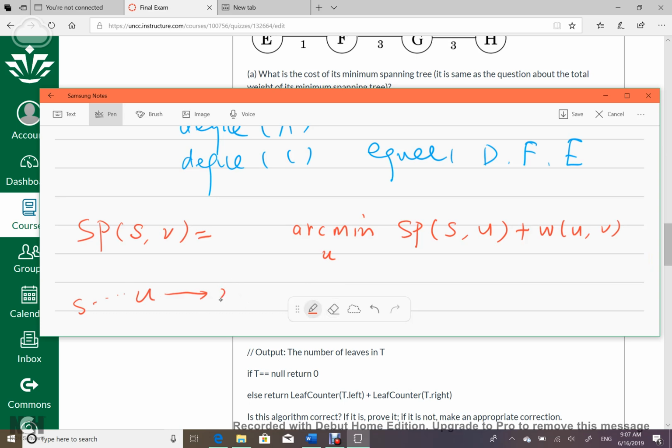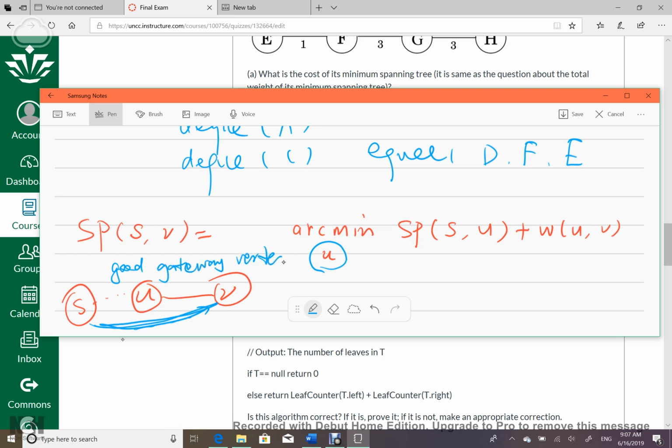Corresponding to this, you have S, and to this you have a specific edge U, right? And you want to make sure the path from here is longer than what you have through U, right? And then you find this U, which will make a good bridge, a good gateway vertex. Find this one.